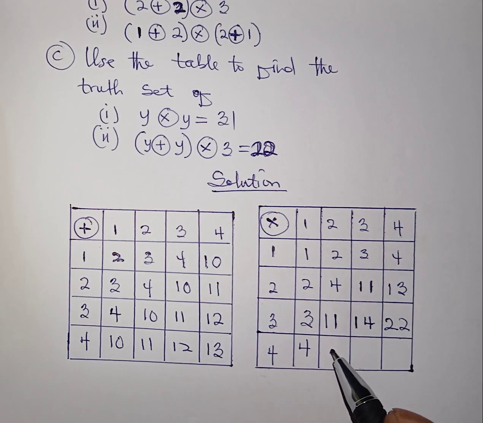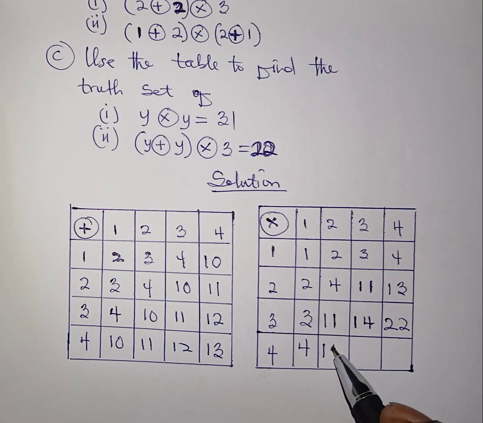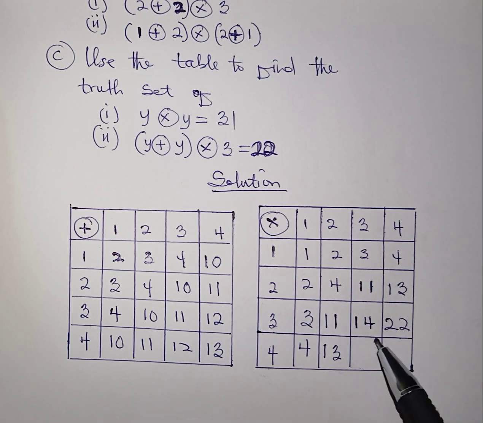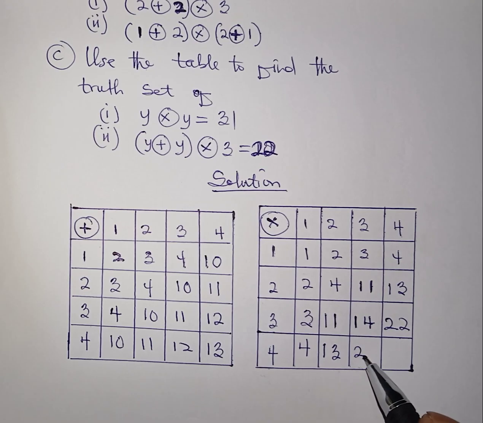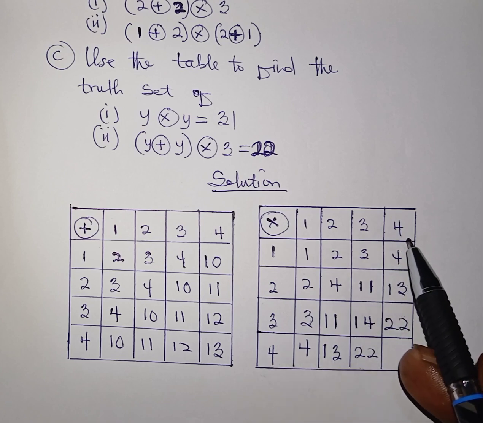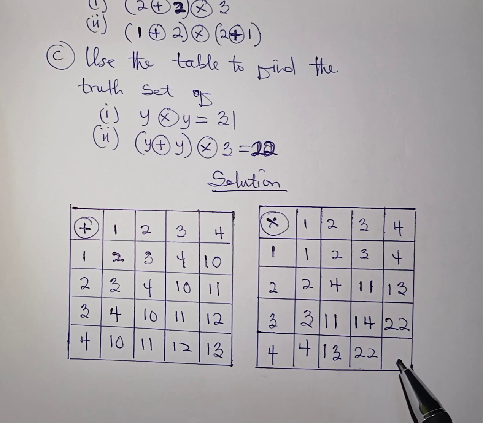So 5 divides 8, how many times? 1, remainder 3. 4 times 3 gives me 12. 5 divides 12, 2 times, remainder 2. 4 times 4 gives me 16. 5 divides 16, 3 times, remainder 1. You see that? So for the multiplication and the addition, this is how you go about it.